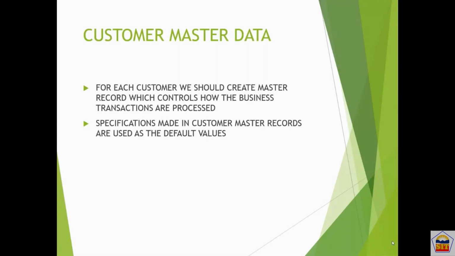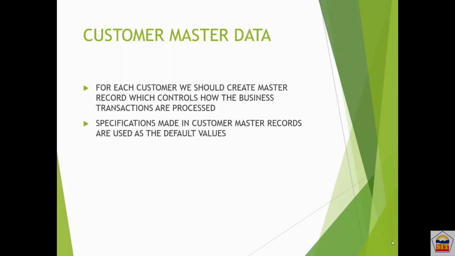You have seen in the vendor master data things like the terms of payment and the payment method. These are the values we maintain in the master data. Whatever information we maintain, the system is going to treat as a default. Every time we make a transaction, the system is going to pick the same set of information.